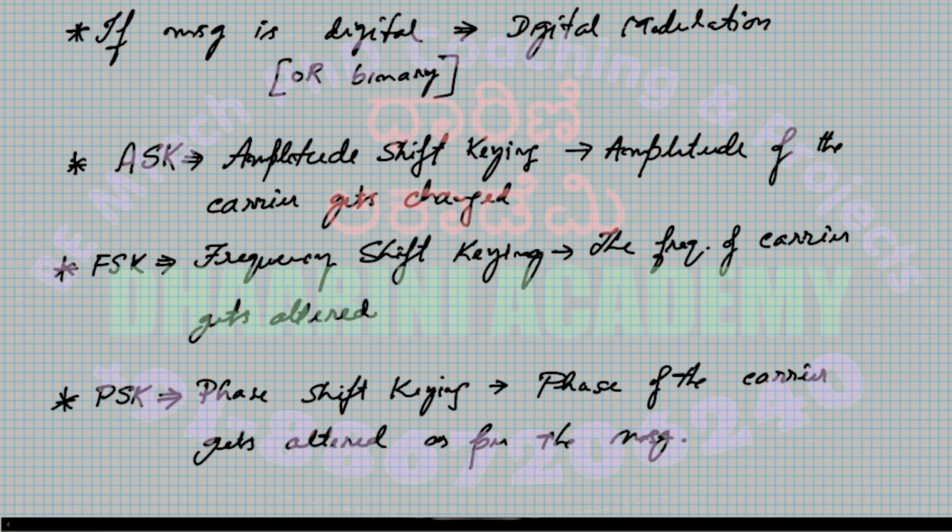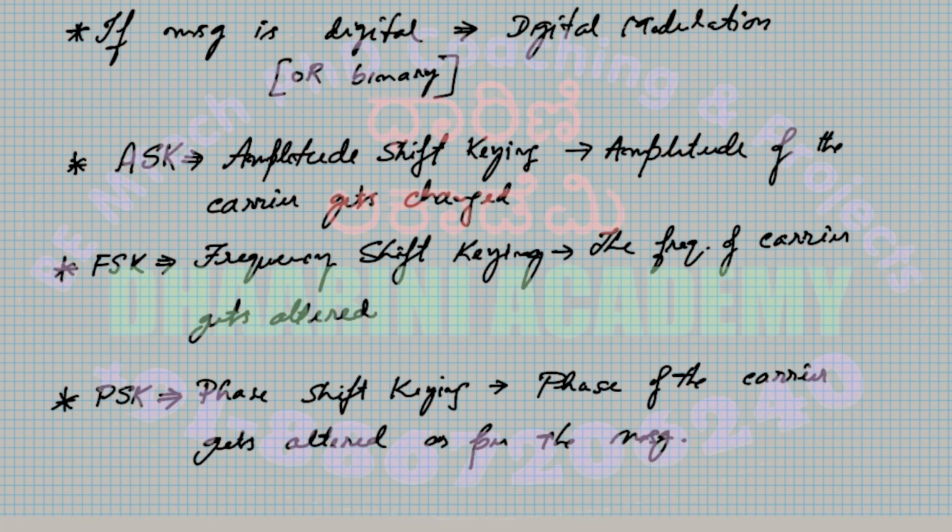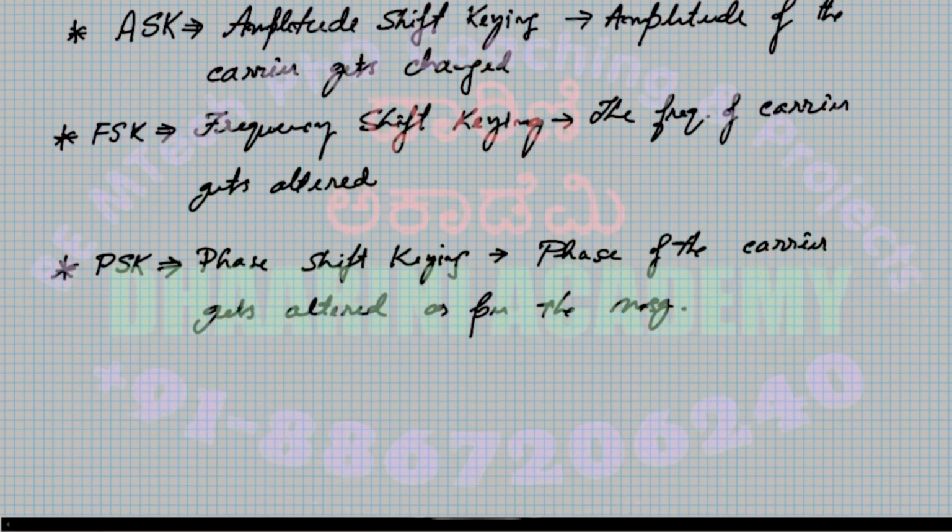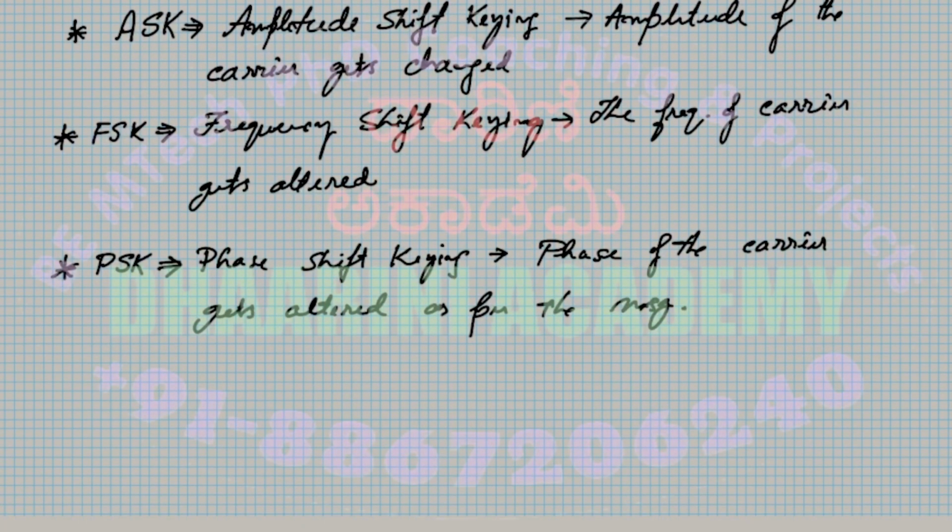Now, the fundamental idea here is why the name shift keying comes into the picture. That's also pretty interesting. The most simple format of binary data is ones and zeros. One means you are pressing a key, and zero means you are releasing a key. When you turn it on, something comes in, that's like one. Turn it off, you don't get anything, the input becomes zero.